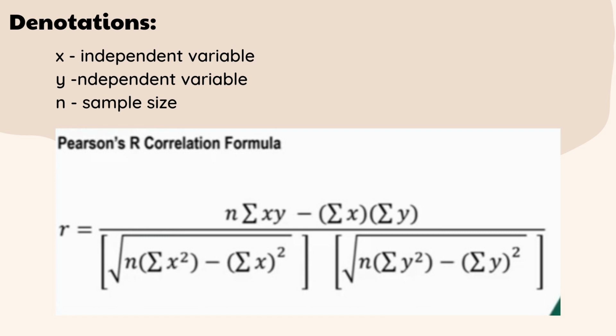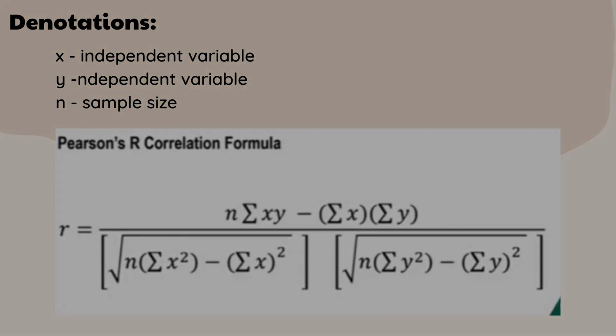R is equal to sample size times summation X and Y minus summation X times summation Y over square root of sample size times summation X squared minus summation of X, squared, times square root of sample size times summation of Y squared minus summation of Y, squared.